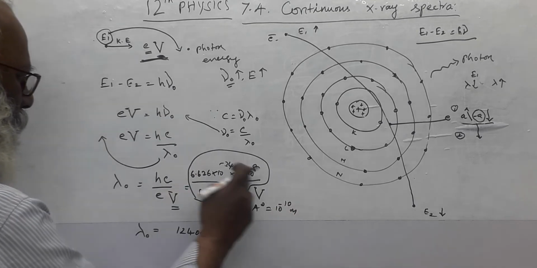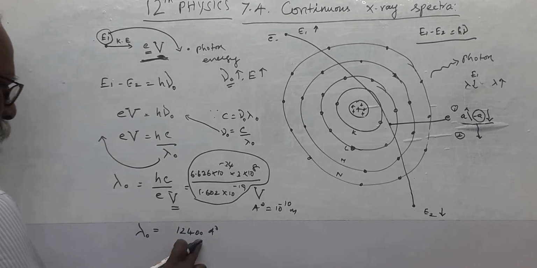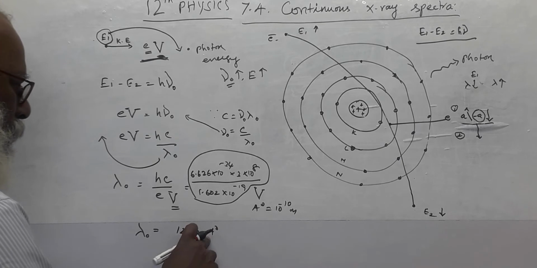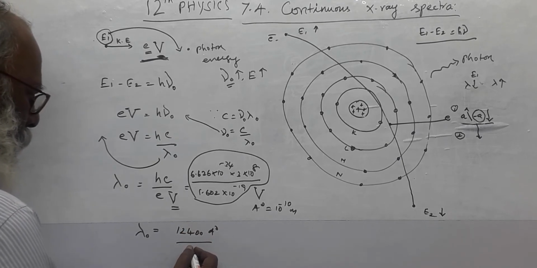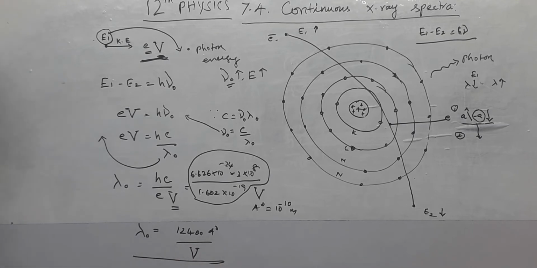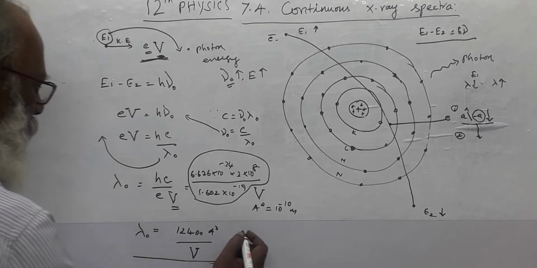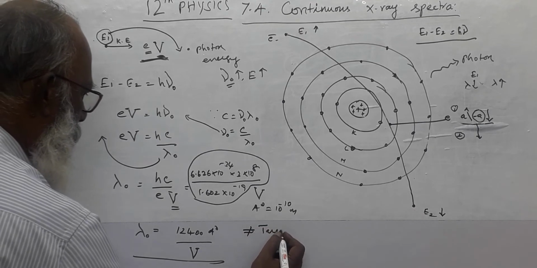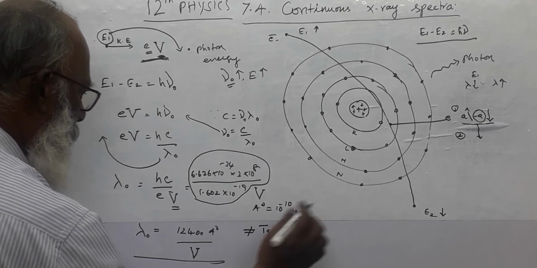Solving this equation, we get 12,400 into 10 power minus 10 meter, or Angstrom divided by volt. This is the equation for the wavelength. Here the wavelength depends on the potential, but not on the target metal.